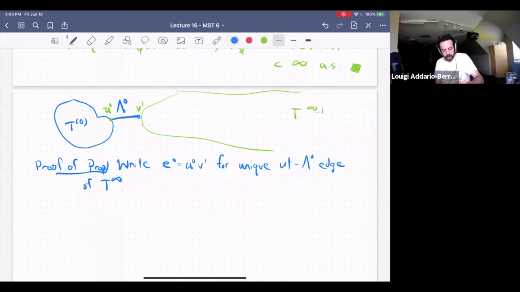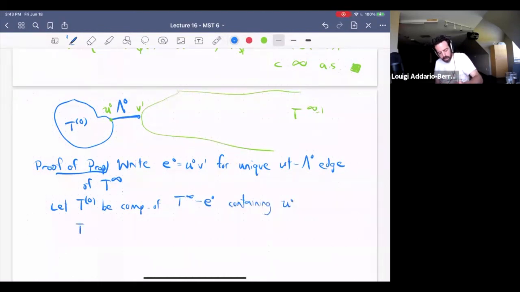So I'm letting T naught be the component of T infinity minus this edge E naught containing U naught, and T infinity 1 be the component, after removing this edge, which contains V1.